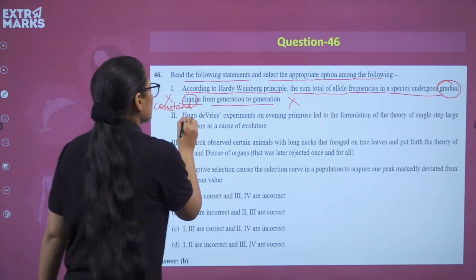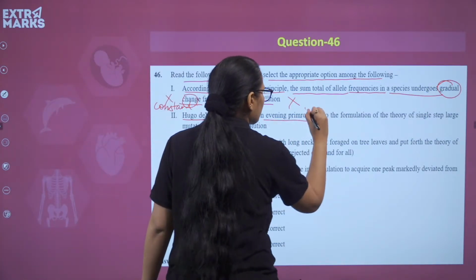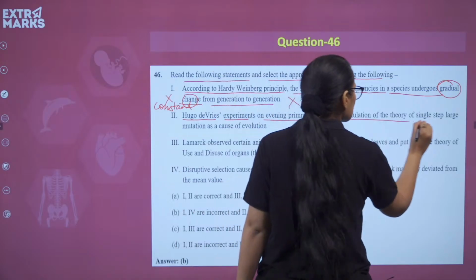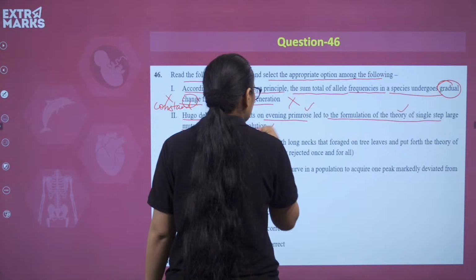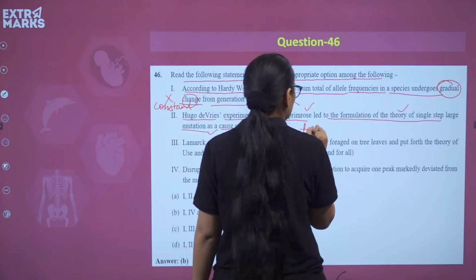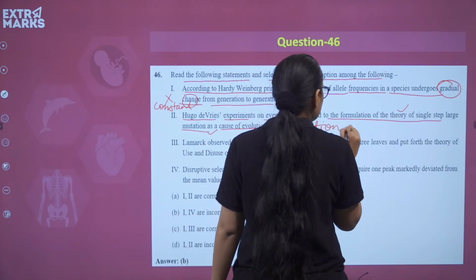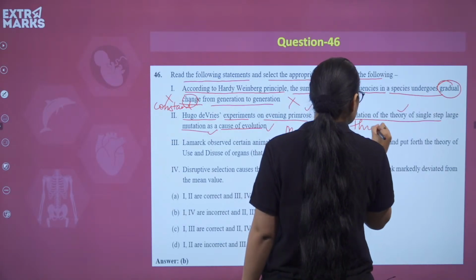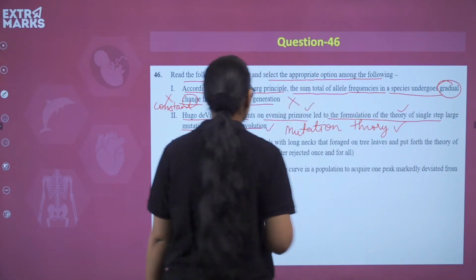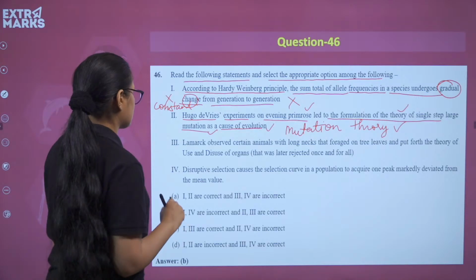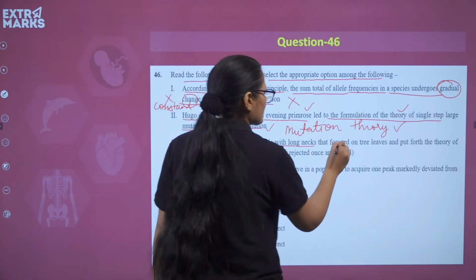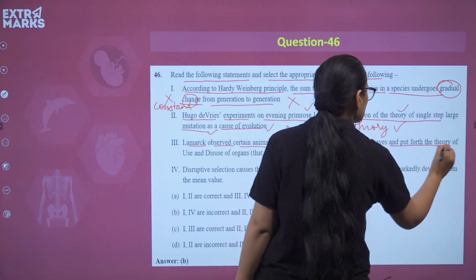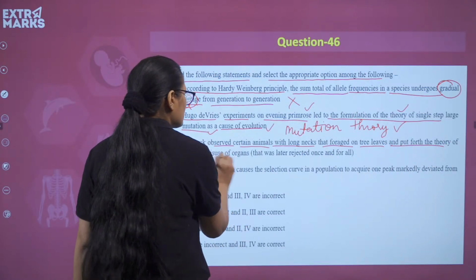Second, Hugo de Vries' experiments on evening primrose, yes, led to the formulation of the theory of single-step large mutation as a cause of evolution, and so it is known as mutation theory, and it's a correct statement. The third statement says that Lamarck observed certain animals with long necks that foraged on tree leaves and put forth the theory of use and disuse of organs.